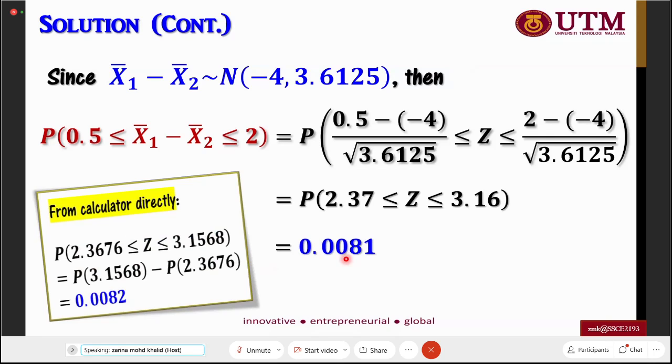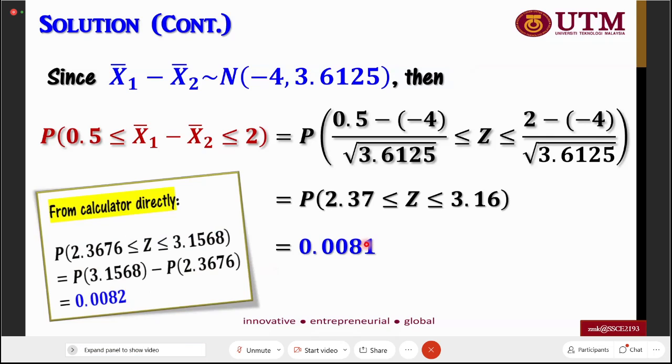So any of these two values are acceptable. No worry about that. Can you wait for a while? I want to just finish a little bit on this. 5 minutes.